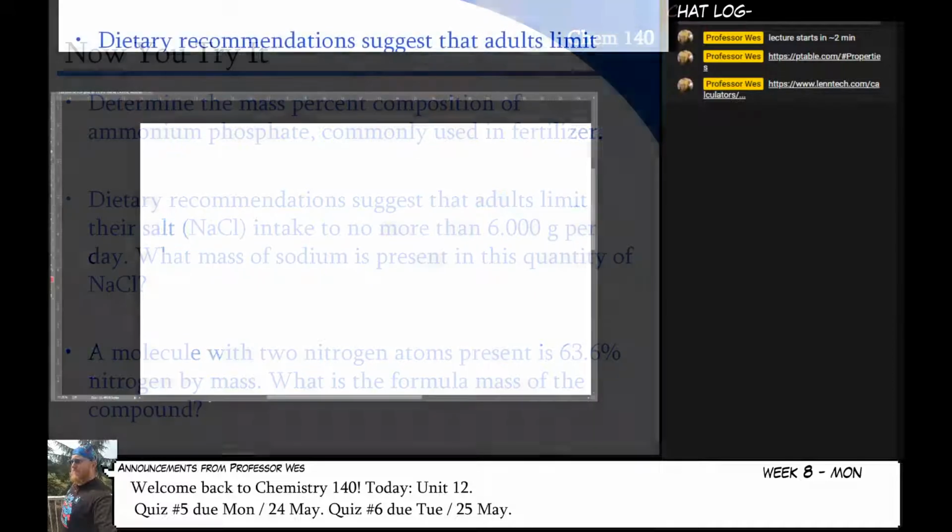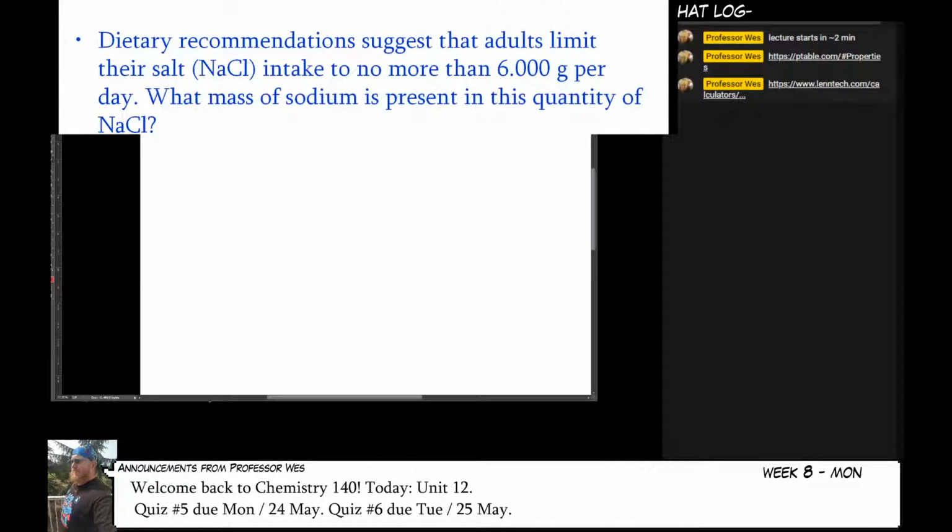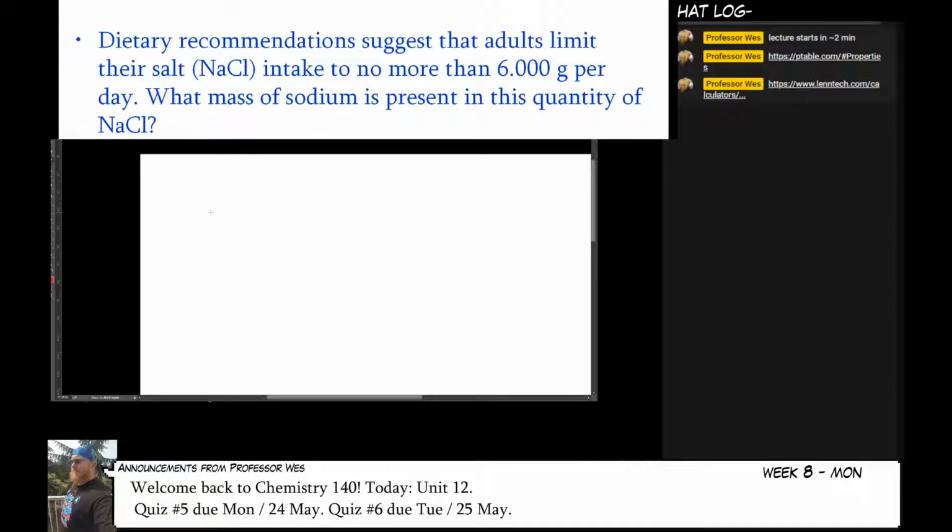Sorry, just getting this set up here. And where'd my pen go? There it is. Okay. So I know that it's 39.34% sodium in table salt according to Lenntech, and if I'm allowed to have 6 grams of sodium chloride, I can write this as a percentage right here.